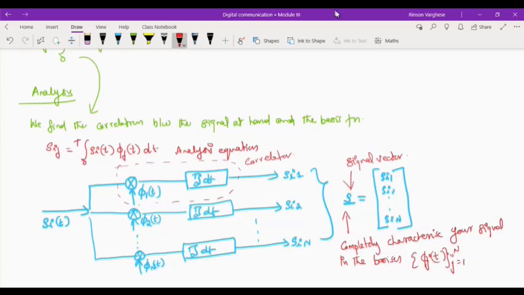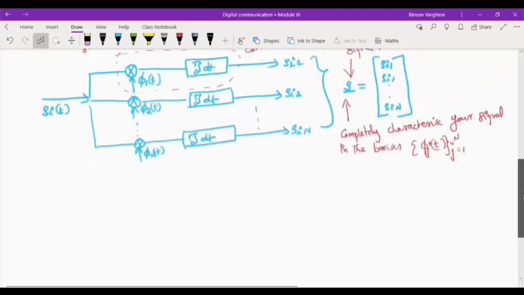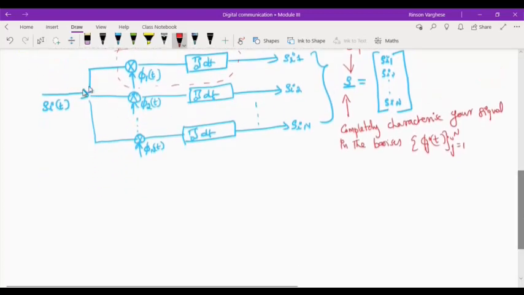Now this is the analysis block. Now we have the synthesis block. Once you know the signal vector, from the signal vector you can construct your signal back. That is called synthesis.